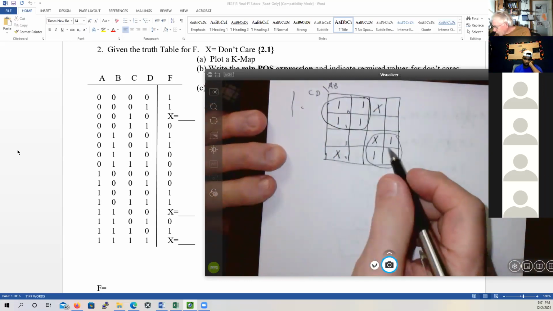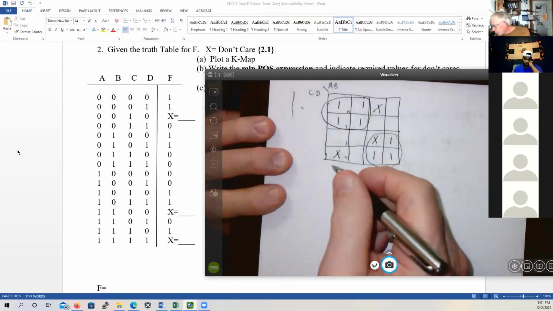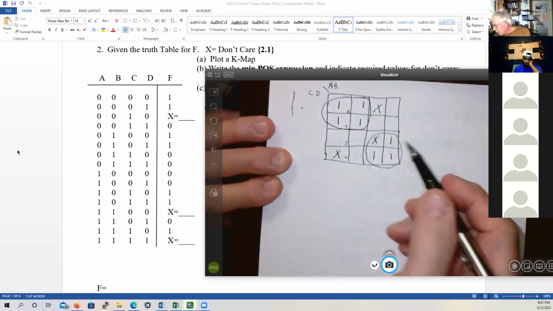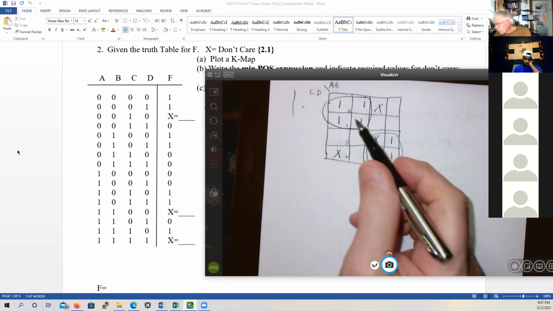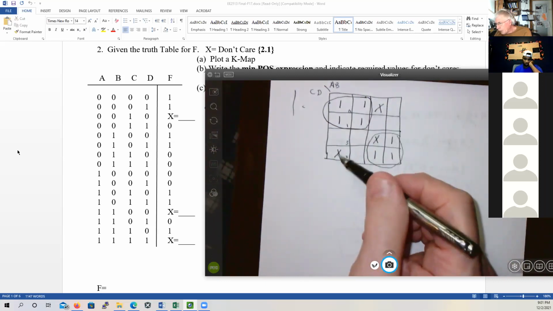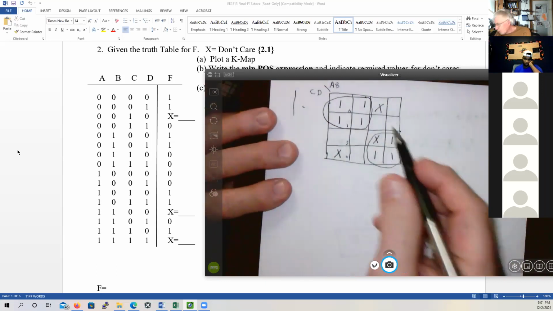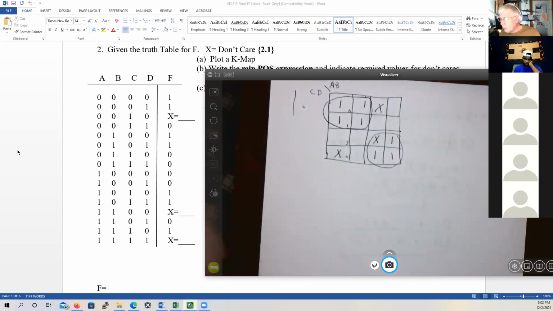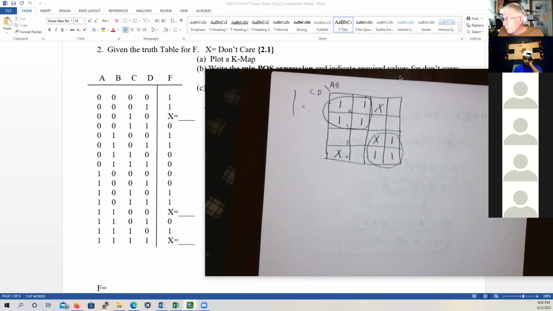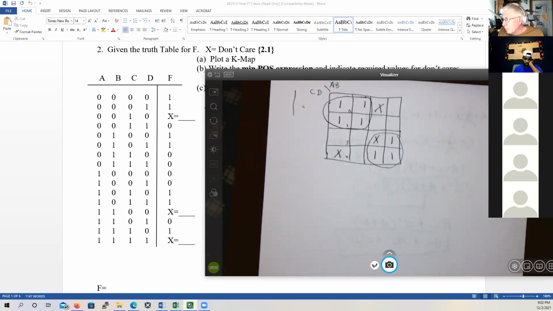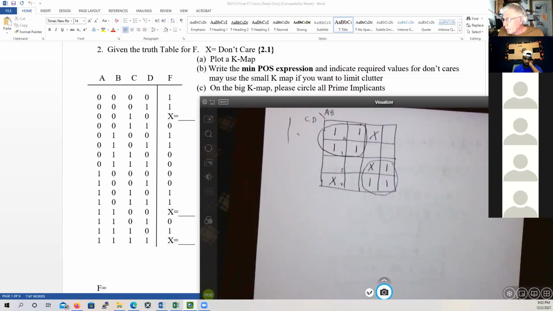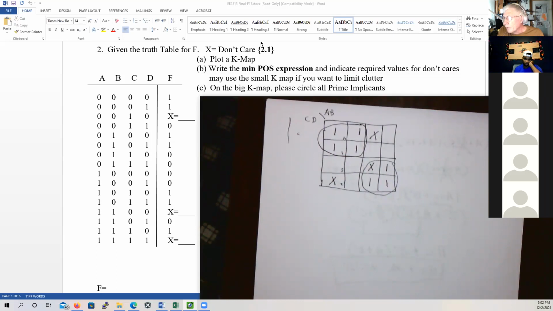And now we also have to include the prime implicants with the other don't cares, but obviously this would be our solution, right? We don't need these other don't cares in the solution, but for purposes of prime implicants, we do. So let me see what the actual question said, because I don't remember. Okay, plot a K-map, write out the min POS expression and indicate the required values for don't cares.